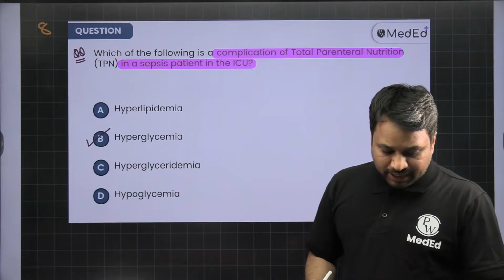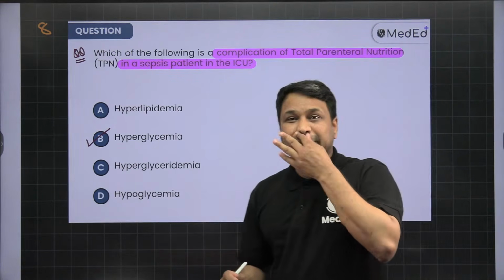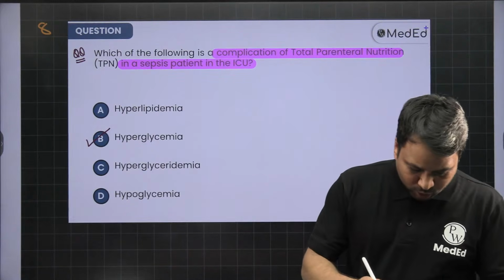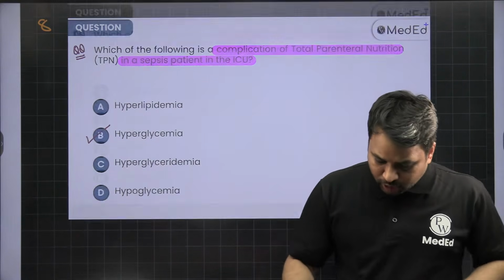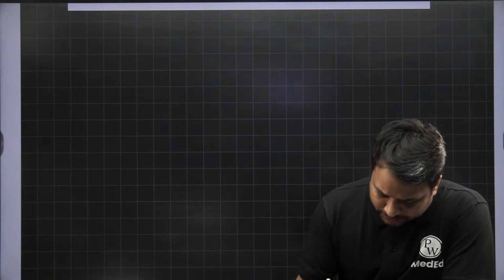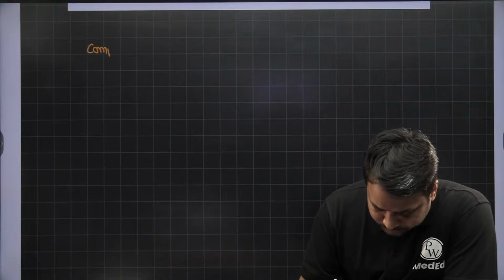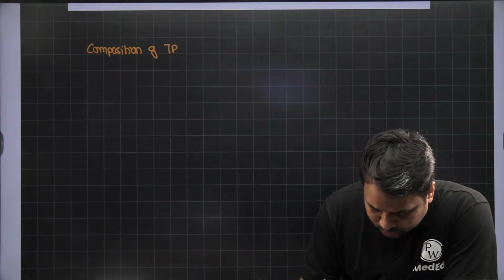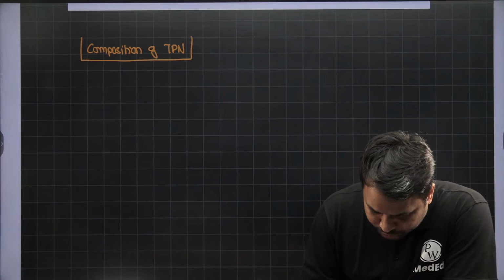See, I can go on and on about TPN, but there are a couple of important things that you should remember with respect to total parenteral nutrition. When you talk about TPN in general, first is the composition of the total parenteral nutrition.